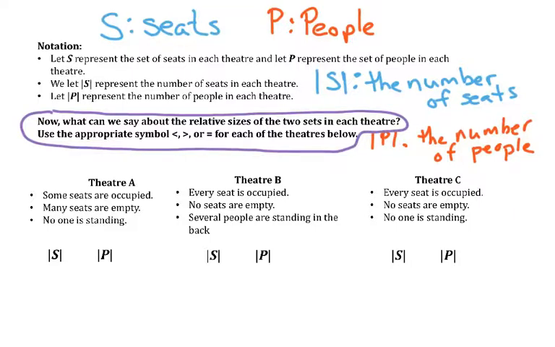Well, let's look at theater A again. Some seats are occupied, but there are a lot of empty seats and no one is standing. So I'm pretty sure that there are more seats than people. Let's think about that. There's seats that are empty, right? And no one is standing. A few seats are occupied. So there are more seats than people.